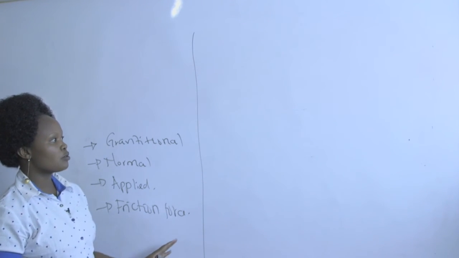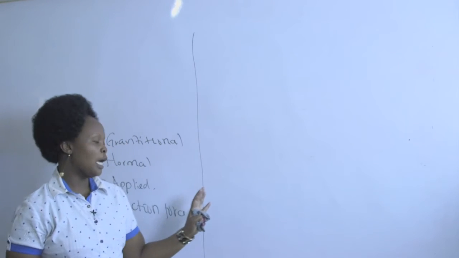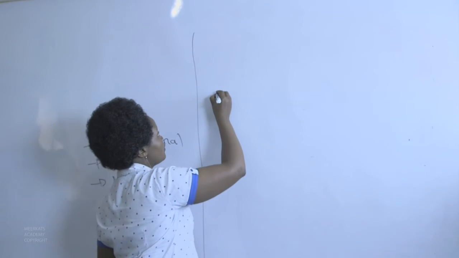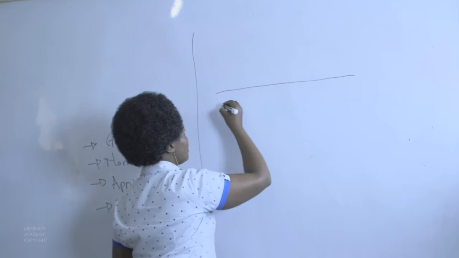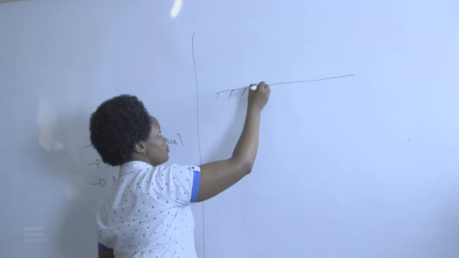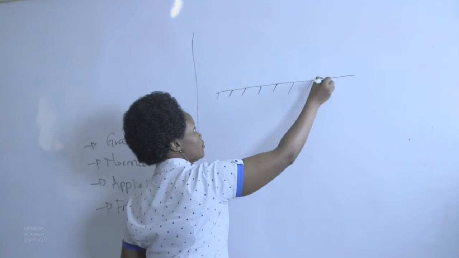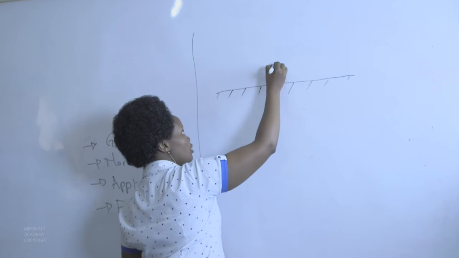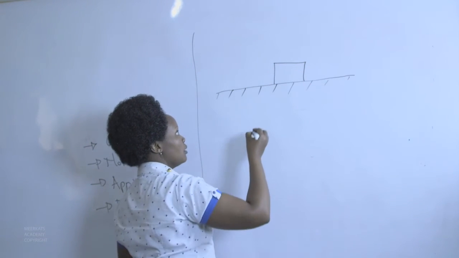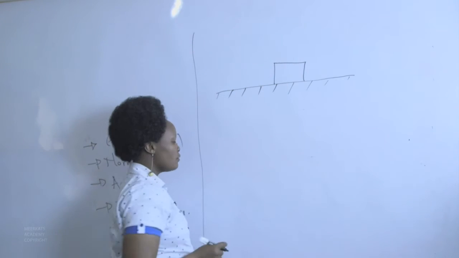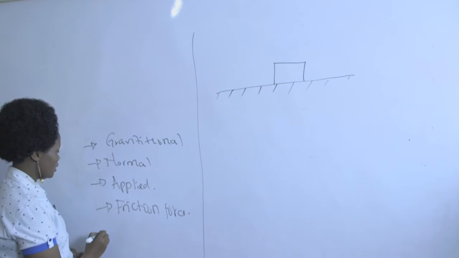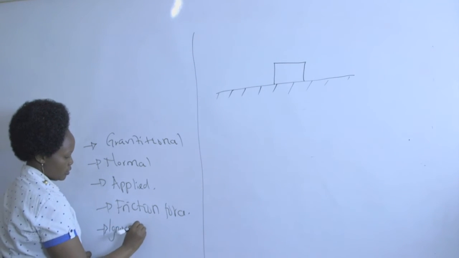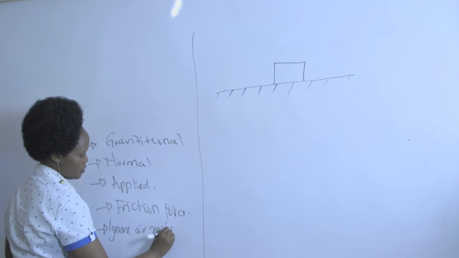Remember that our box is to move toward the right direction and with a constant speed. Now, let us try and come up with that diagram. Again, we have our flat surface. We draw our box. Then we resolve the forces. Here, we are ignoring air resistance.